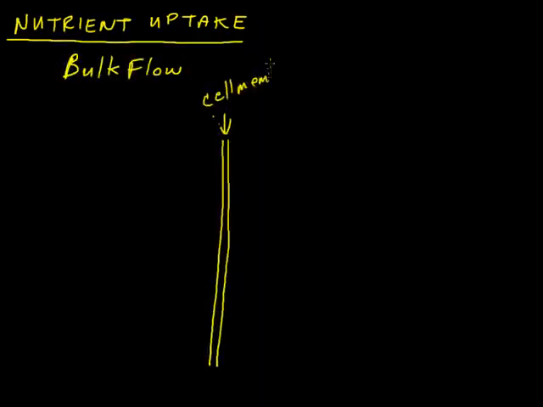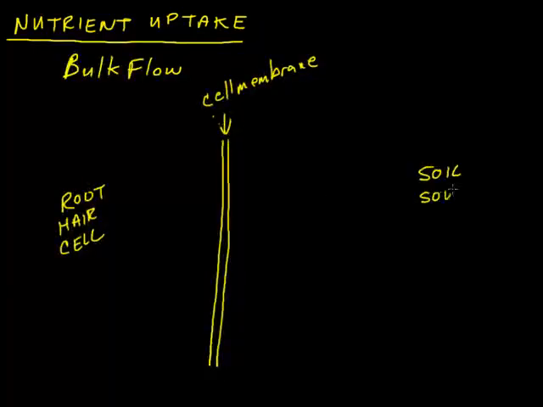On this side of the membrane is a root hair cell, and out here is the soil solution, which just means soil, water, and everything that happens to be dissolved in it.